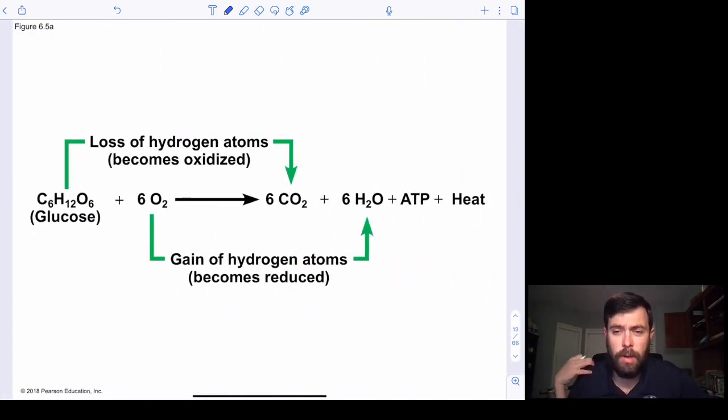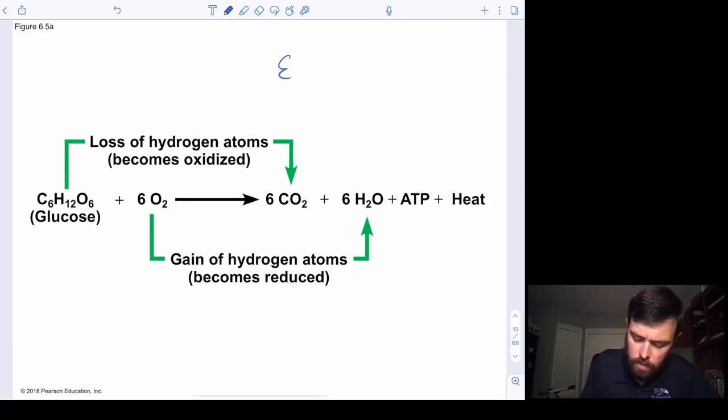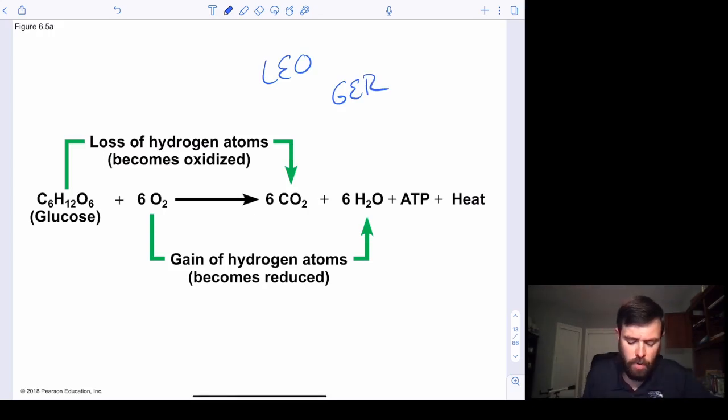So just as a quick reminder, we're kind of working backwards. Remember, Leo says GER. So this is kind of backwards from what photosynthesis did. Glucose is going to become oxidized. Okay. So we're going to lose electrons. As I mentioned in class, we like to now talk about hydrogen atoms a little more. I don't really jump on that bandwagon.